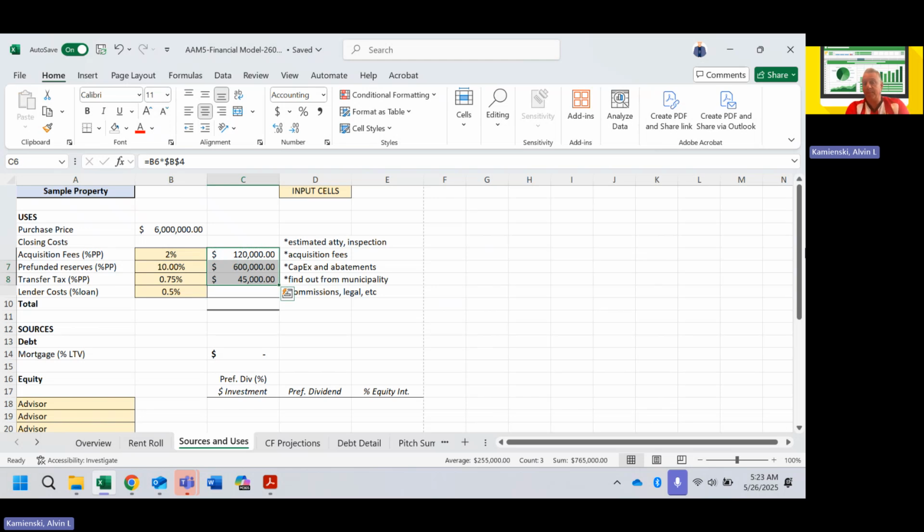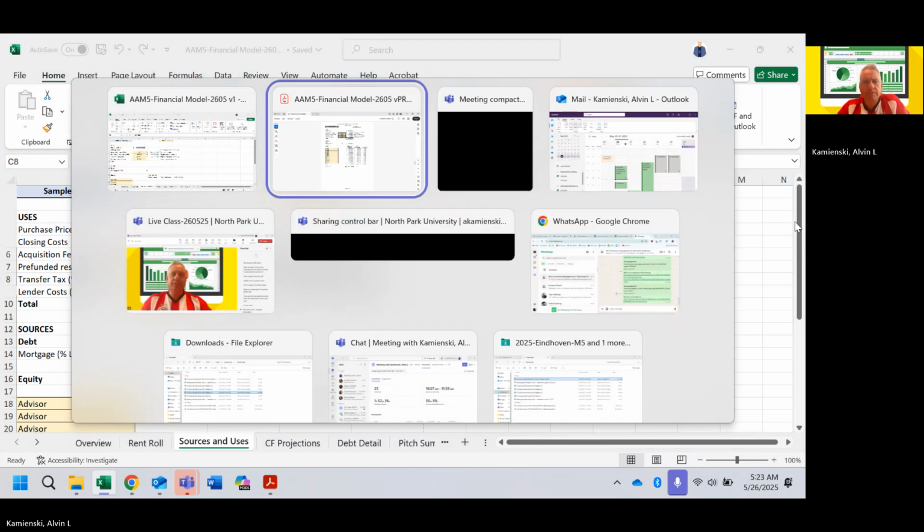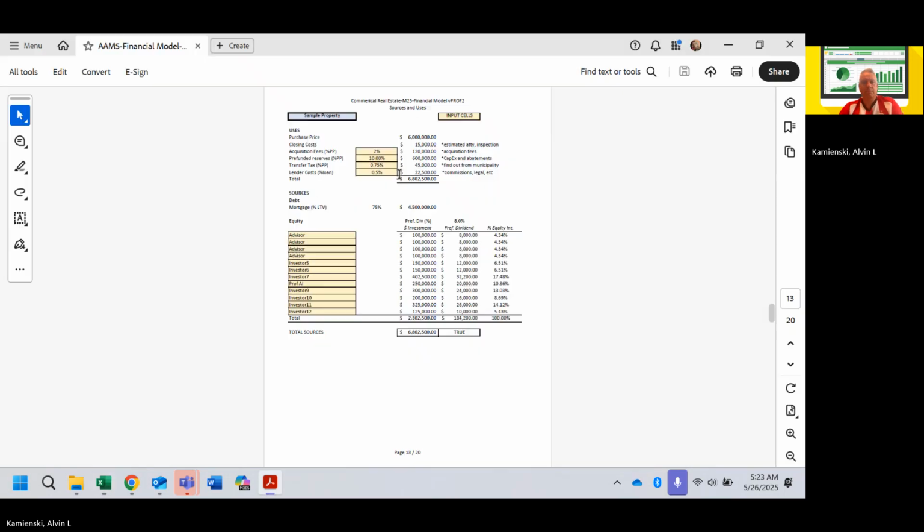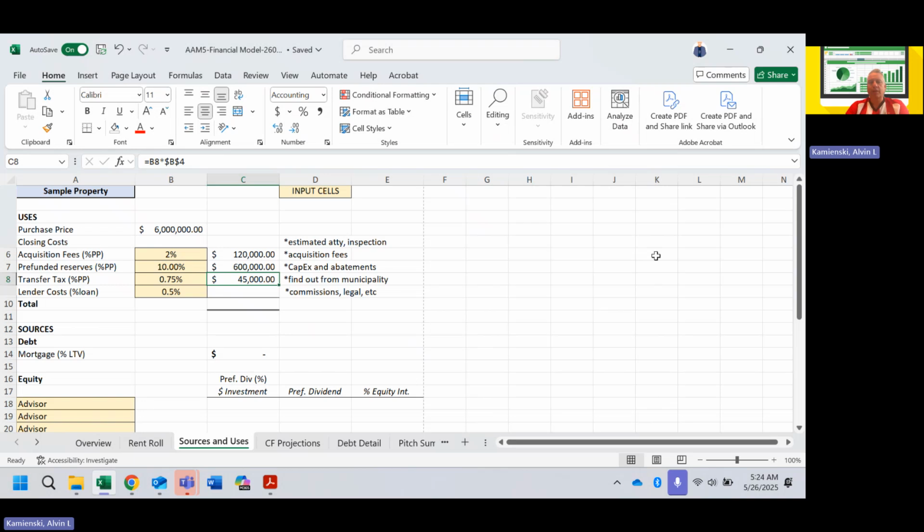And then I can copy and paste down because my pre-funded reserves are 10% of my purchase price and my transfer tax is less than 1% of my purchase price. Okay, we'll do it right there.